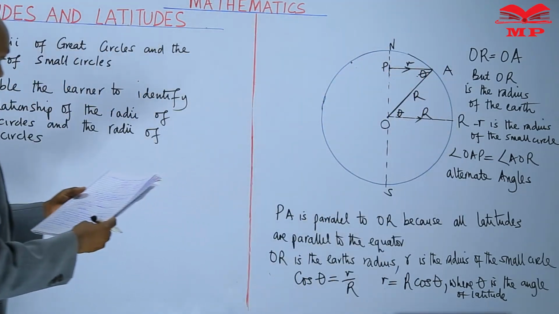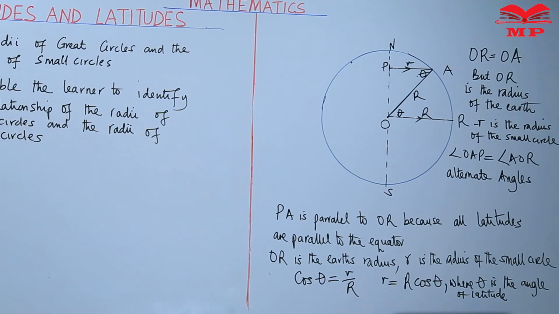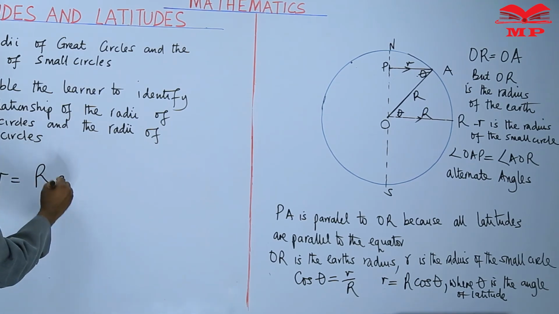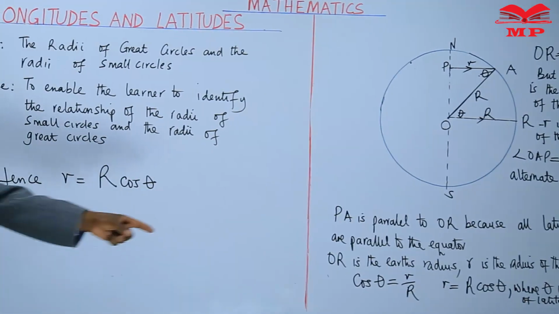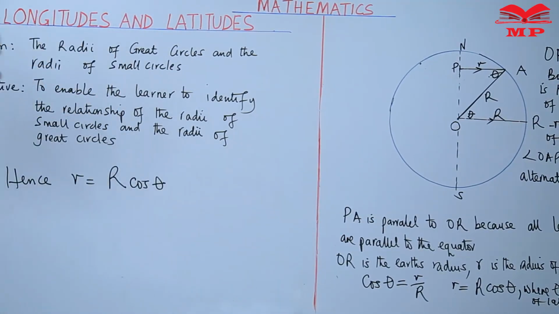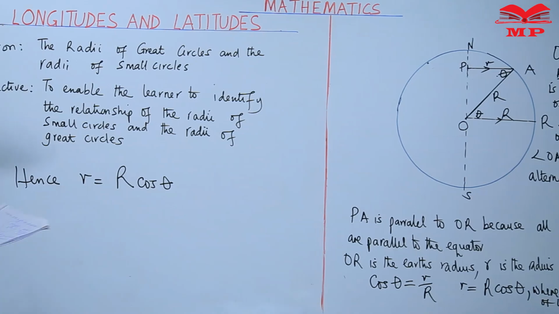So from there, hence, you can just write: the small radius r is equal to the big radius R, which happens to be the radius of the earth, times cosine theta. Theta, as you've seen, is the angle of latitude.